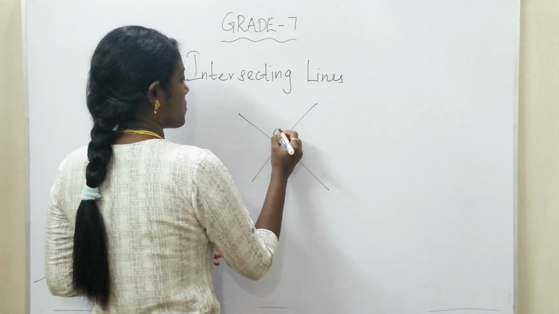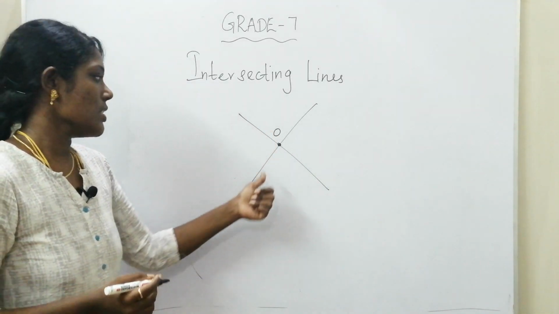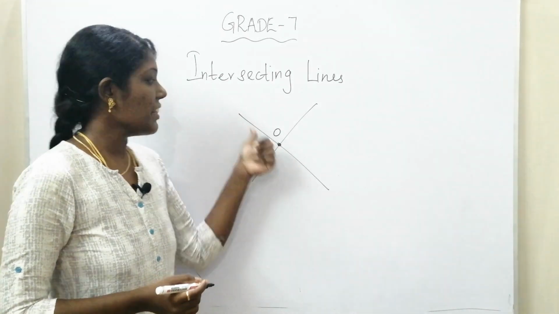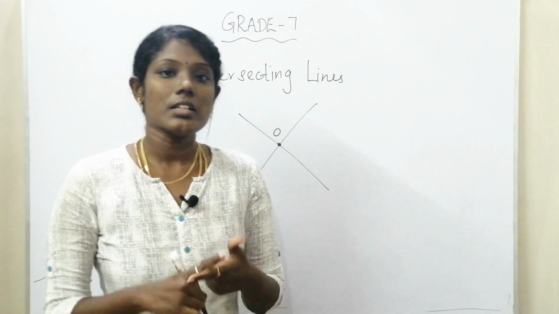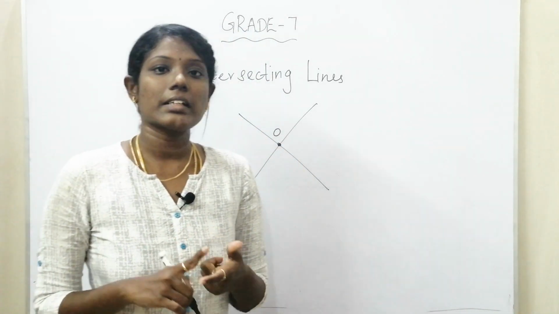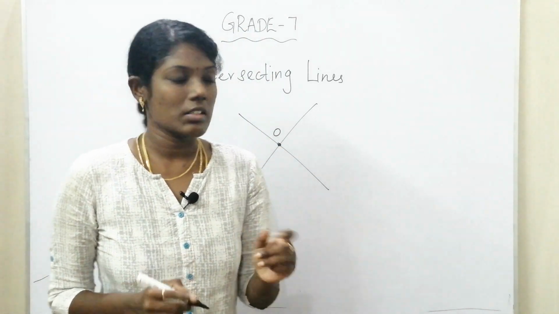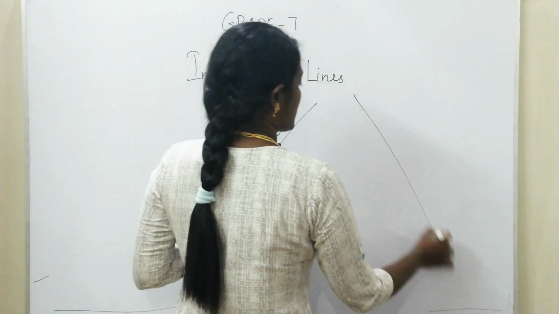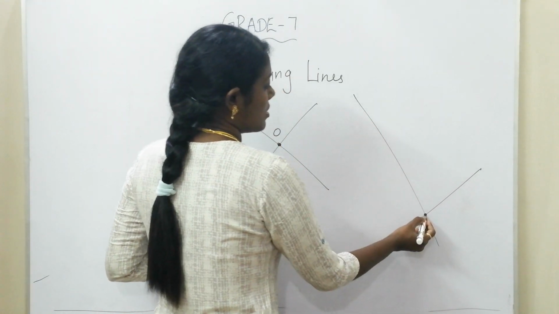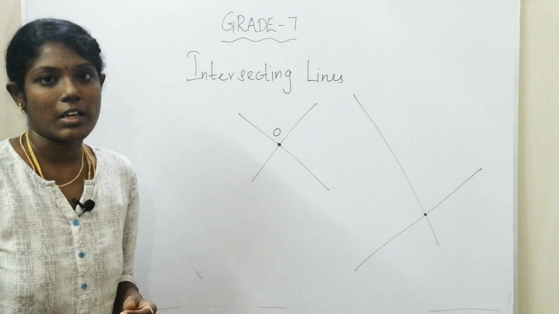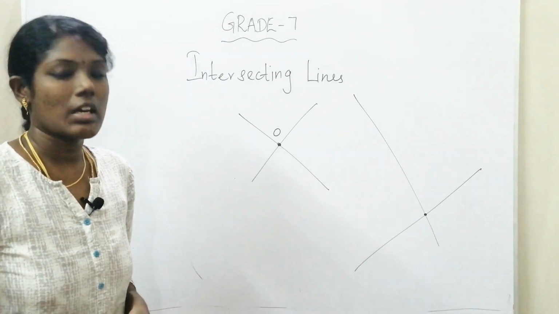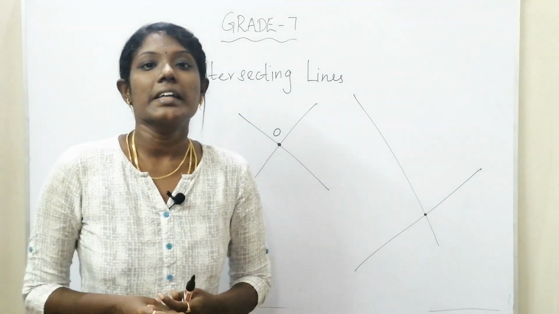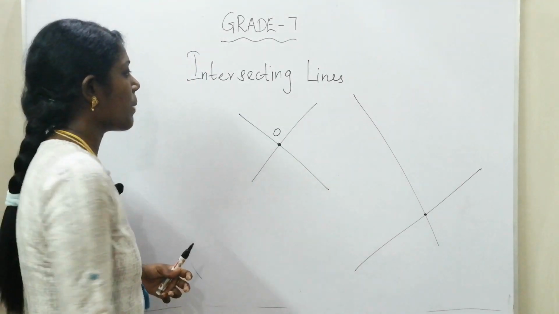Let us take this point as O. This is the point of intersection and these two lines are called intersecting lines. When two lines touch each other, they meet at exactly one point, not necessarily in the middle, but even like this. This is also called the point of intersection. Now, what are parallel lines?